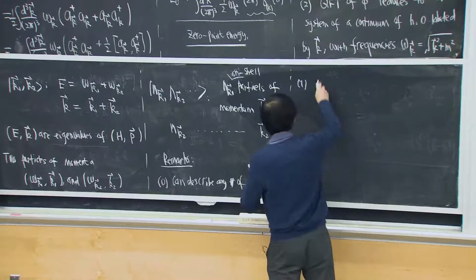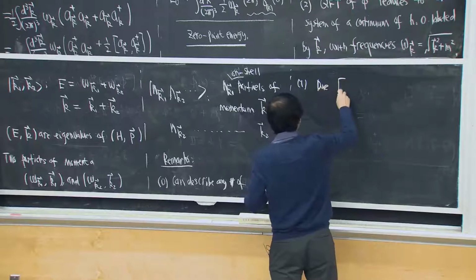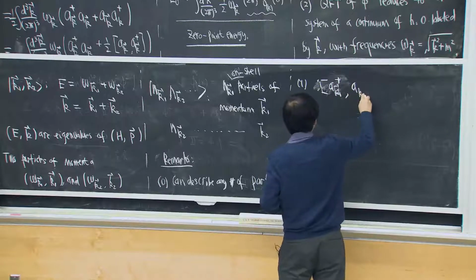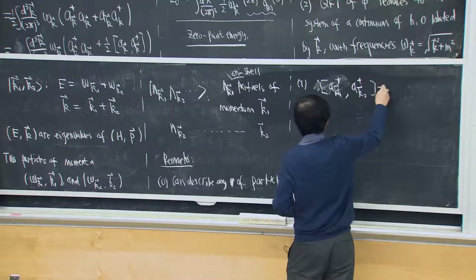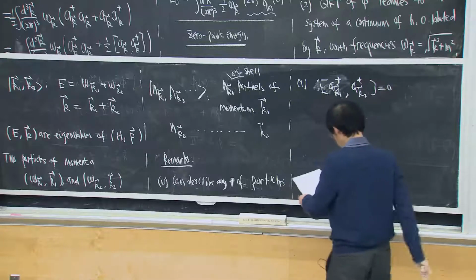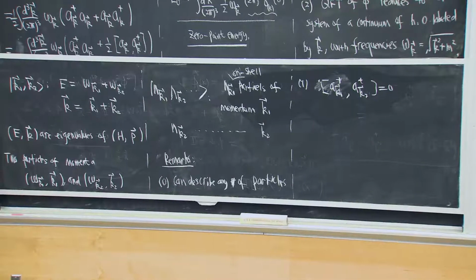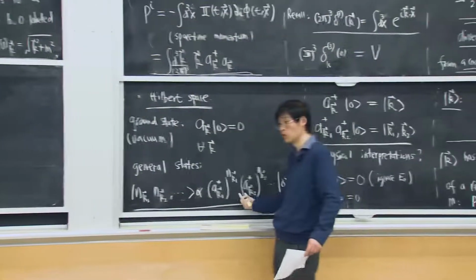And then, because of the commutation relation, [a_k1 dagger, a_k2 dagger] equal to 0 for any k1, k2, you have full symmetry. So when you construct the state, you can just commute them as you want.